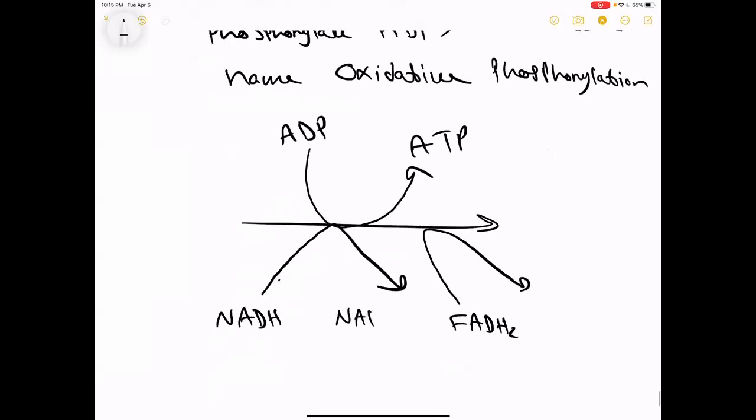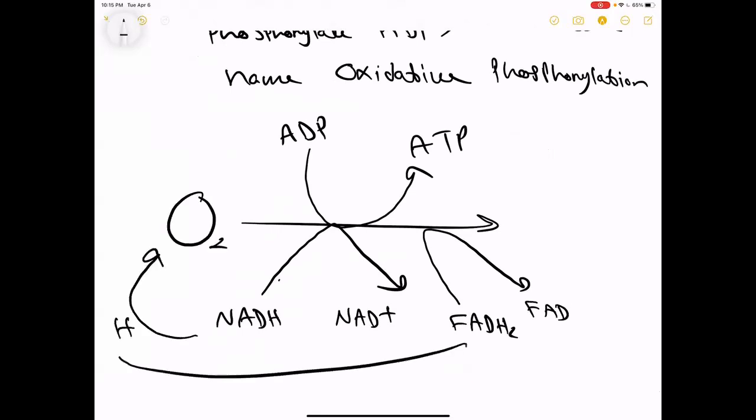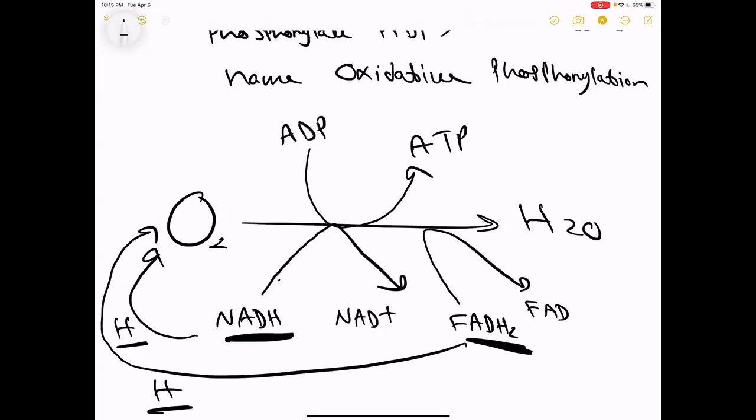So they are being oxidized. That's where the name is coming from. You must oxidize the NADH. You must oxidize the FADH2. Look, they are losing their hydrogen in order to be able to phosphorylate adenosine diphosphate. That's oxidative phosphorylation. Very different than substrate level phosphorylation.